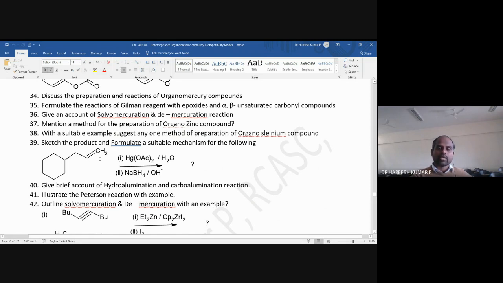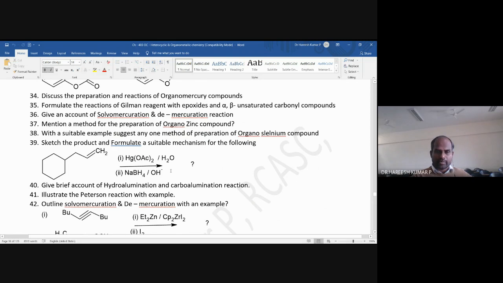In the second step, the mercury group is replaced with hydride. The second step is the demercuration. So in the first step, mercury forms a bond with this carbon and OH forms a bond with this carbon. In the second step, the mercury is replaced with hydride.